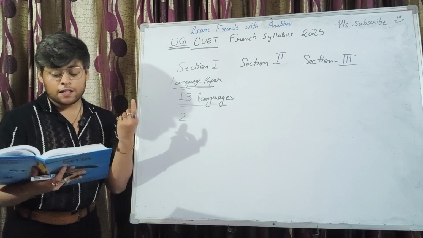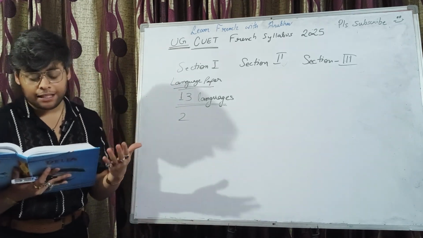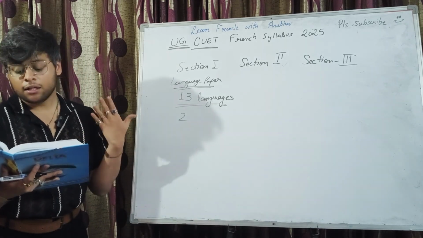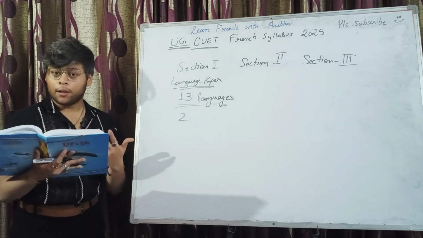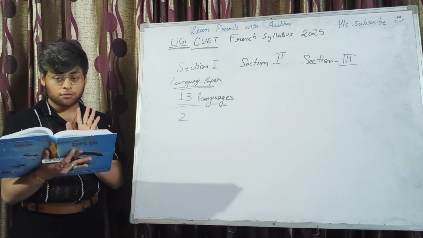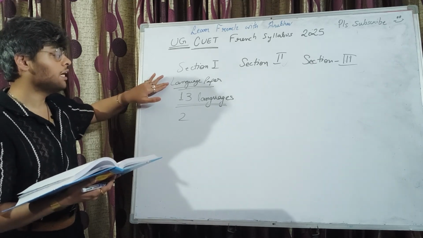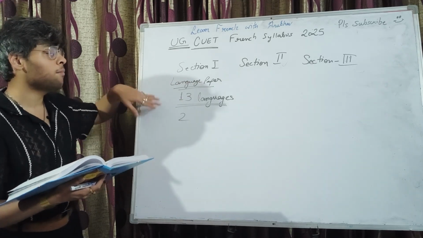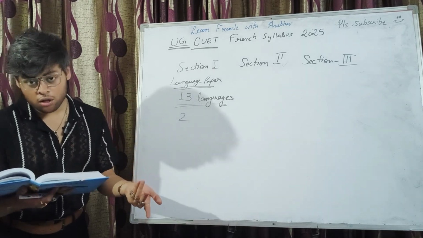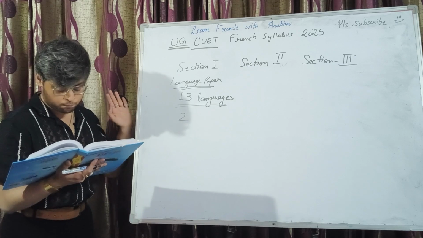So here's a list: English, Hindi, Assamese, Bengali, Gujarati, Kannada, Malayalam, Marathi, Uriya, Punjabi, Tamil, Telugu, and Urdu. Total 1, 2, 3, 4, 5, 6, 7, 8, 9, 10, 11, 12, 13 languages. Now, the language paper will take place in these 13 available languages. You are to choose based on your preferences, right? Maximum two can be chosen.